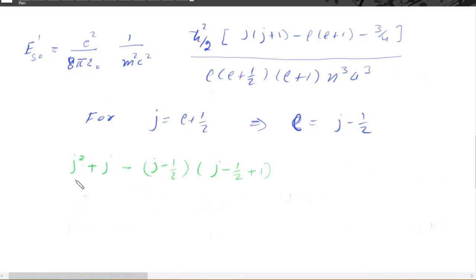We can simplify this term and put it again here.